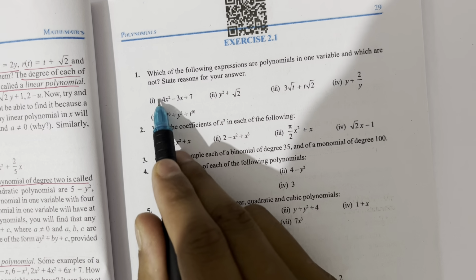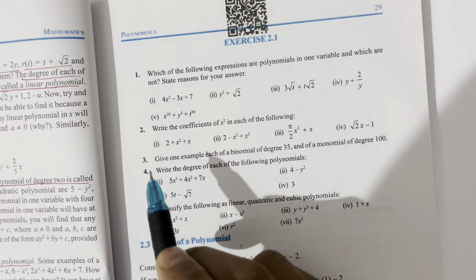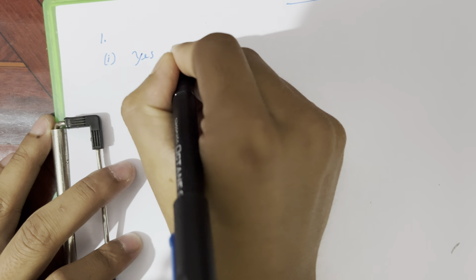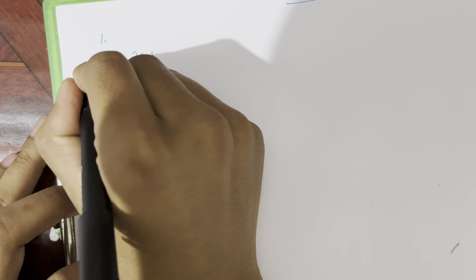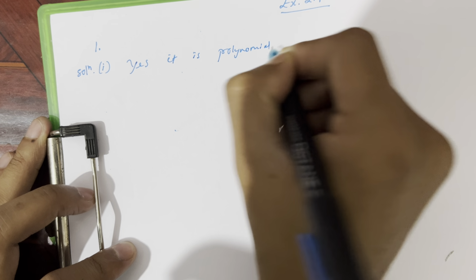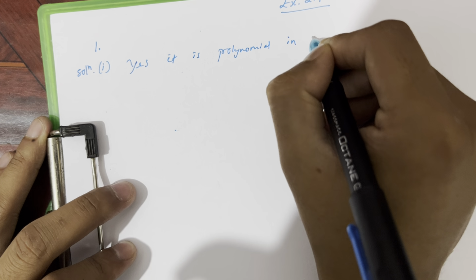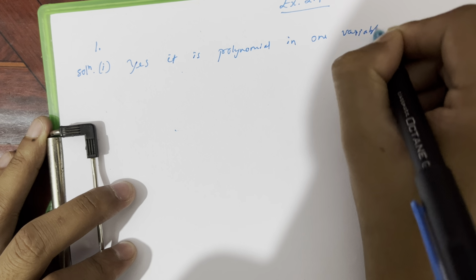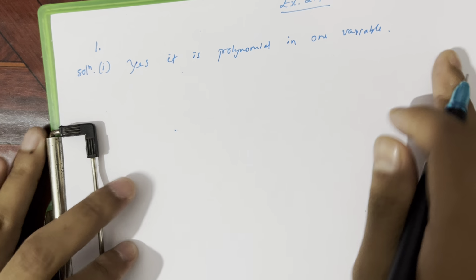So this is a polynomial in one variable. So you write like this, question number 1. Solution: yes, it is a polynomial in one variable. Just write like that.